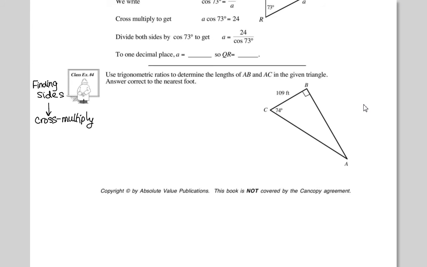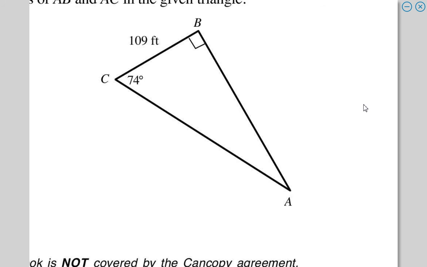All right. So we want AB and AC. Okay, so which one do you want to do first? AB. Okay, let's call AB X. Sure, let's do that. Little c. Then this would be little b, and this would be little a. Let's just be consistent with what we've been doing.